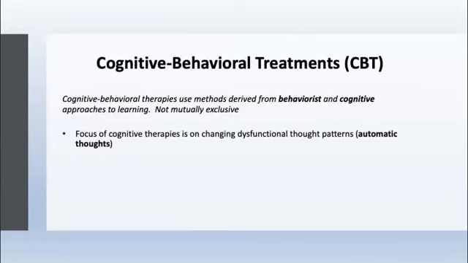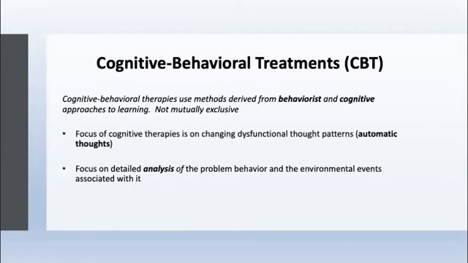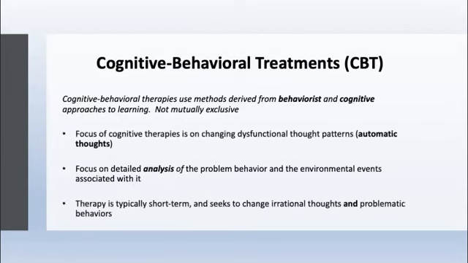And there's a focus on changing the dysfunctional or inaccurate thought patterns of the individual while also focusing on a detailed analysis of the problem behavior and what is going on in the individual's environment that might be associated with that behavior. So, this therapy again is conducted in a short amount of time, with the overall goal being to change the irrational thoughts and change the problematic behaviors that the individual is engaging in.